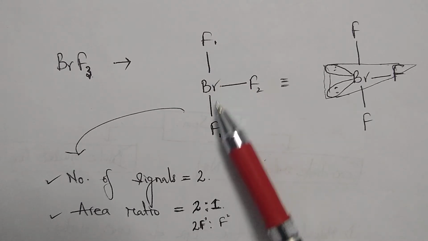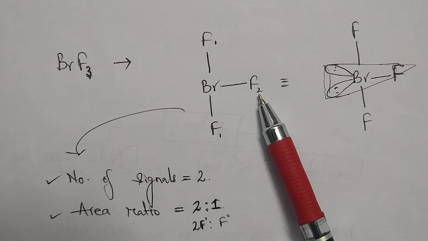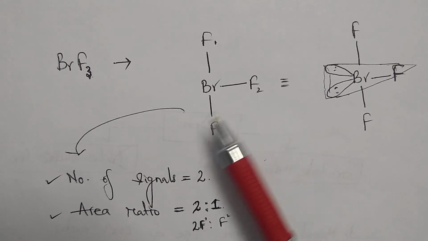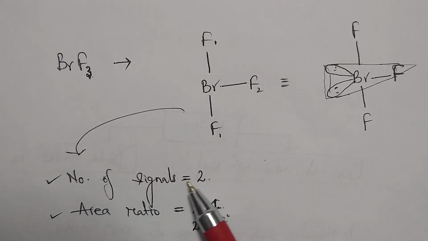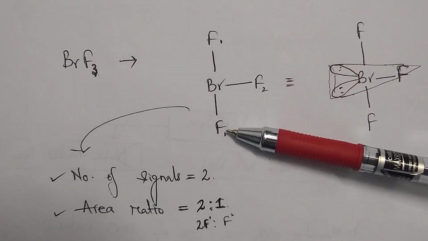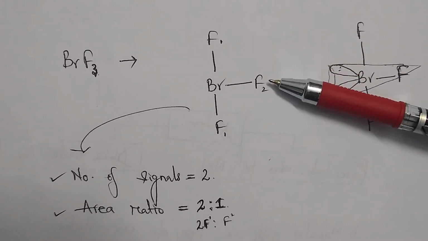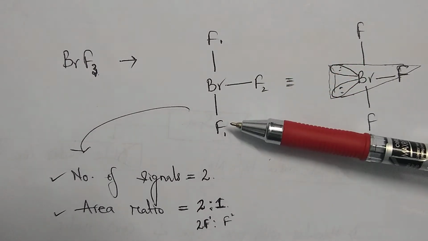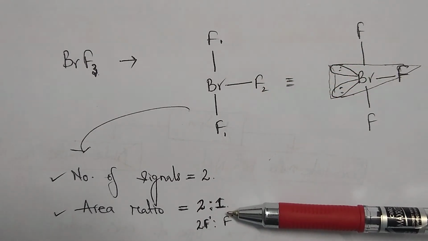So we have two kinds of fluorine responsible for the NMR signal in 19F NMR, so we will get two signals in 19F NMR. The area ratio will be 2:1, that is, 2 fluorines of one kind and 1 fluorine of the other kind.